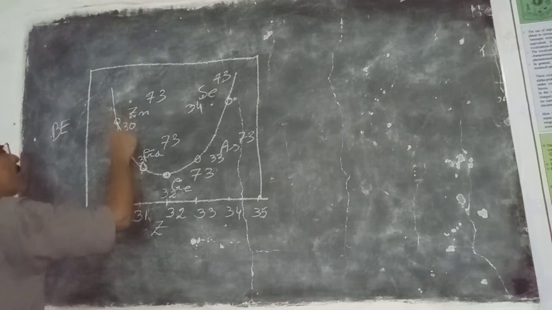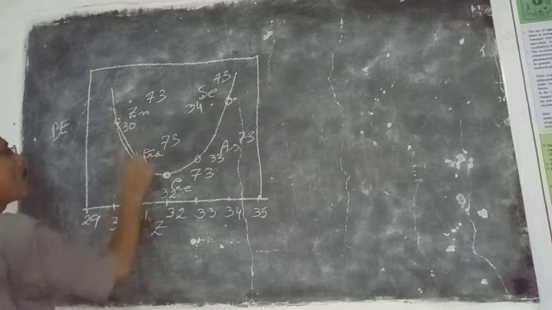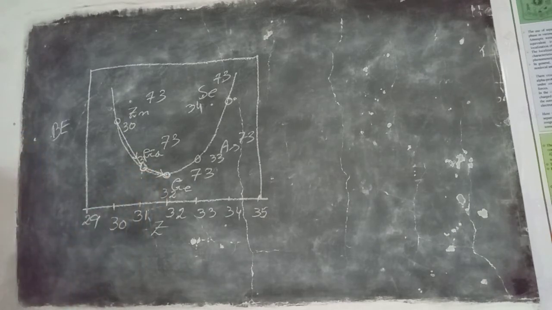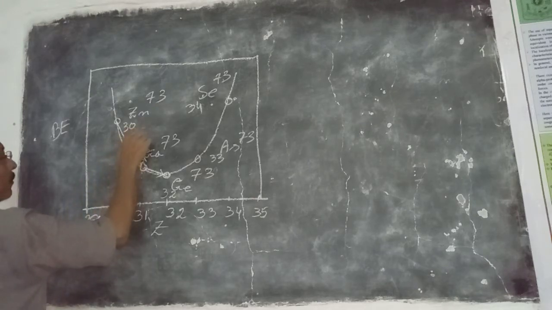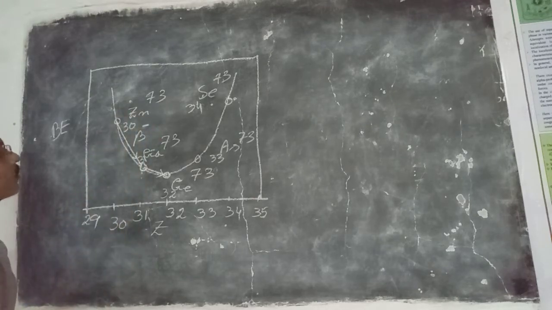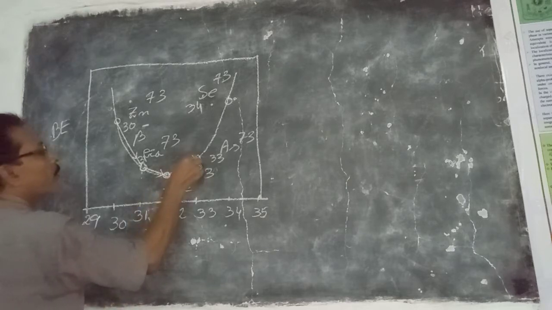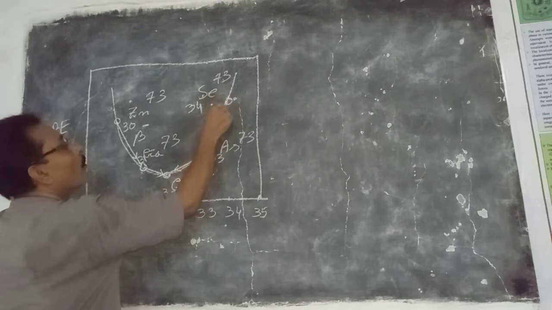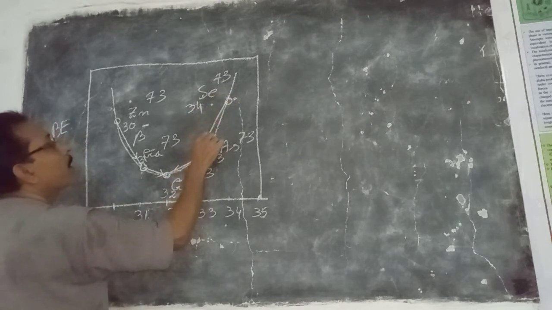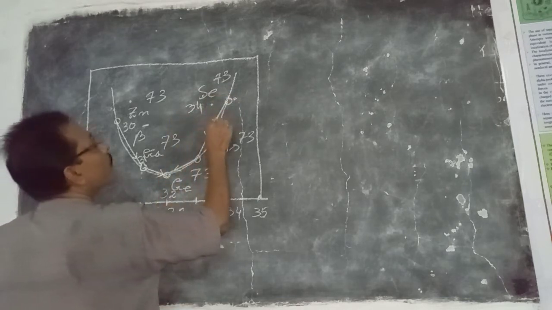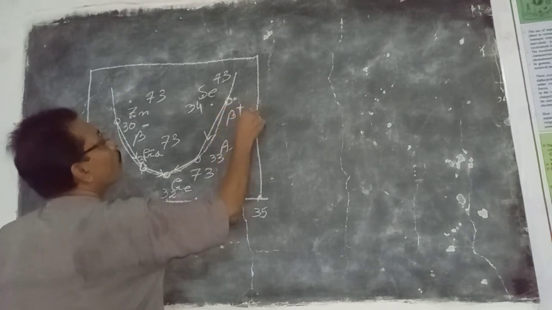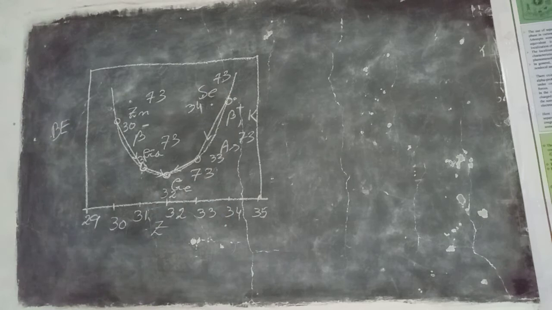When it comes from here to here, it decays to this stable point by emitting an electron. And from the other side, either they emit beta plus or undergo electron capture.